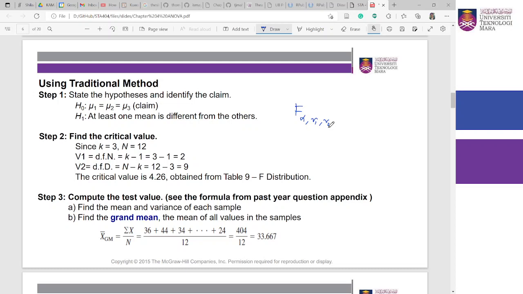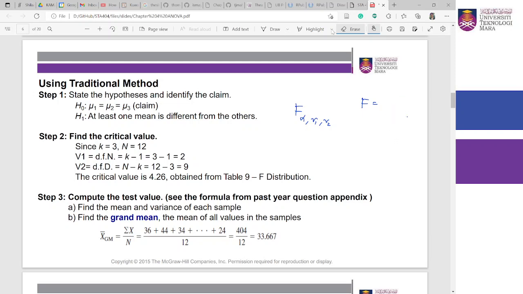Sebab apa? Sebab dalam F-test, bila kita nak compare F-test, kita compare the value for MSE divided by MSR. Yang ni dia guna MSB lah kot. So sorry. Sebab kita gunakan ANOVA. So yang ni biasanya untuk regression, MSE, MSR.